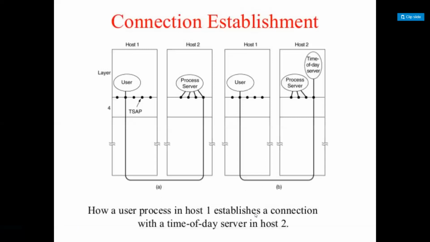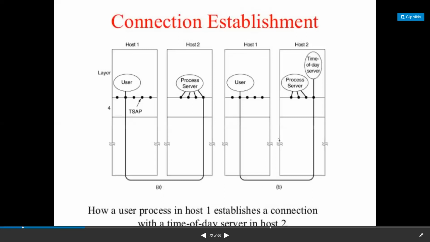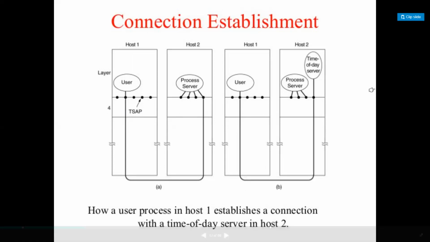First, coming to connection establishment. Here, 4 means layer number 4, the transport layer. Here we have 2 diagrams. In the first, a user process in host 1 establishes a connection with the time-of-day server in host 2. In the first diagram, host 1 and host 2 are there, and the user is at the application layer.